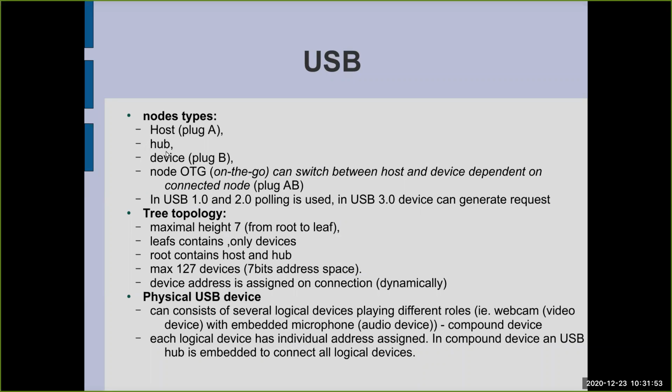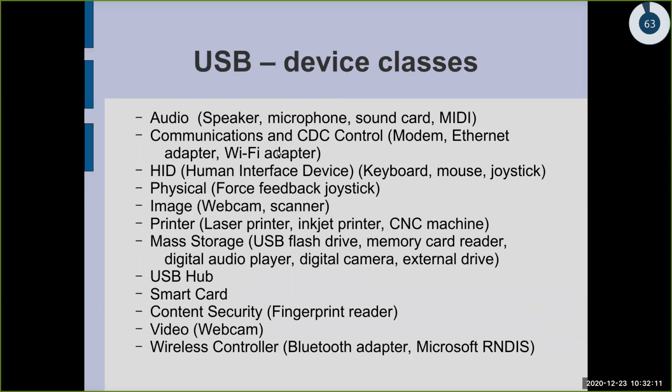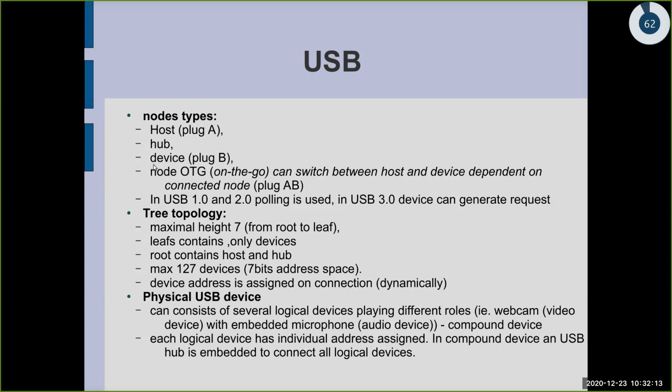So the hub is a kind of splitter, so it lets us split the bus to different devices. There are also on-the-go devices, so a device which can be host or device depending on the situation.